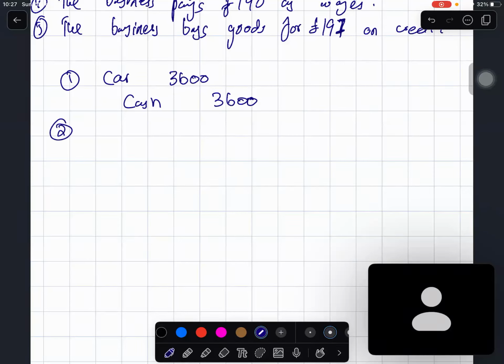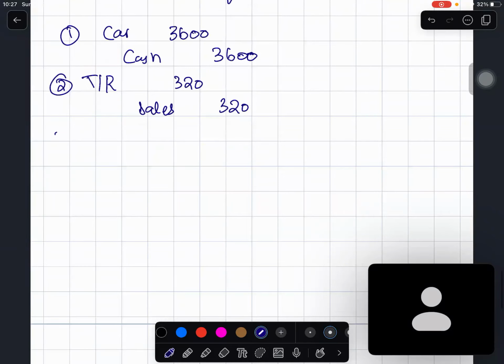I debited trade receivables with 320 and credited sales with 320. Very good. For the third one? I did advertisement debit 68 and cash credit 68.